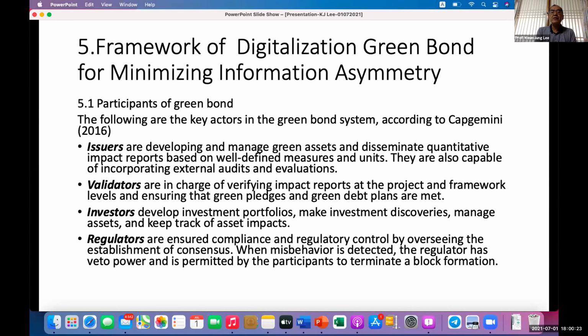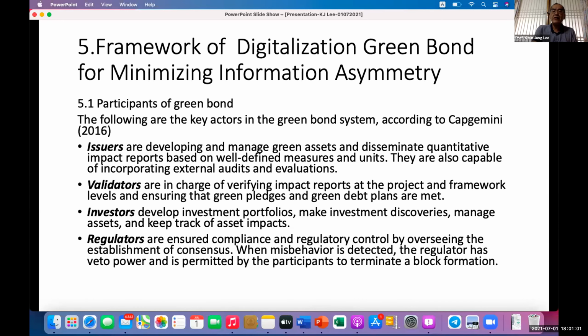The regulator means we already discussed the regulation. That means some government. Also, we make some regulation about transparency and how to minimize information asymmetry. In the case of China, the government directly makes the regulation. Also, I think many countries try to have associations or professional institutions act as regulators. That's why they use these four key factors.